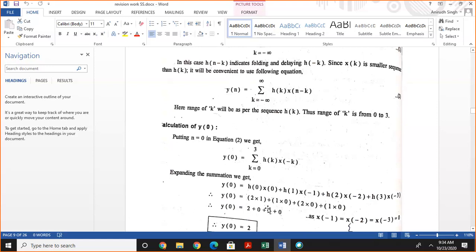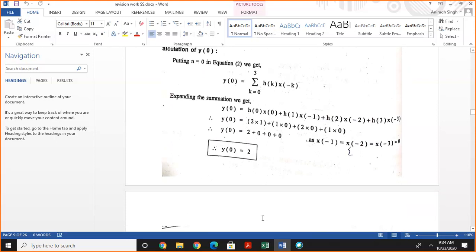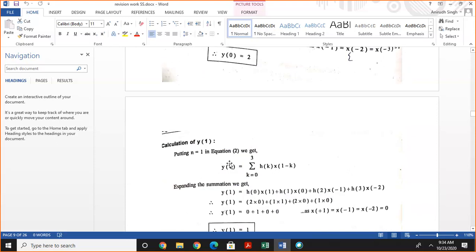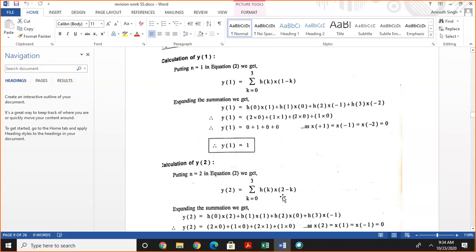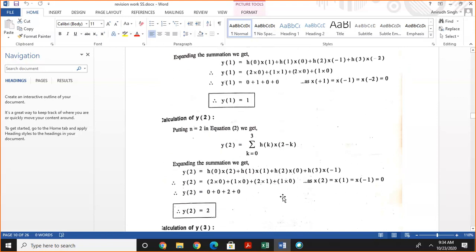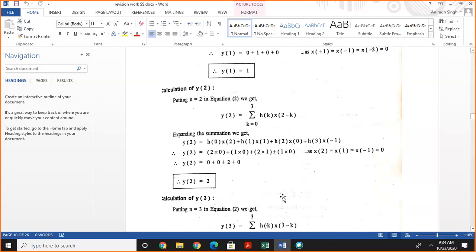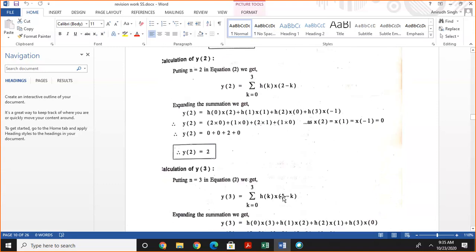So first you write the definition of convolution, then use the commutative property, then use the formula and calculate y of 0.